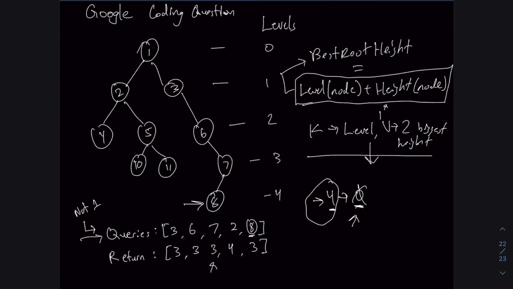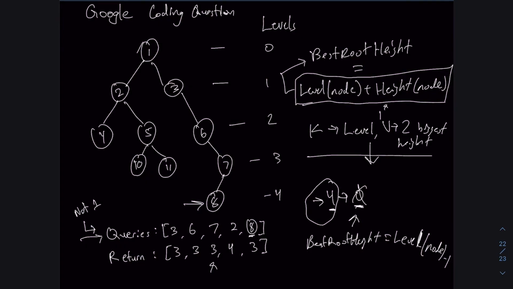So instead, our answer would just be best root height is equal to level of the node minus 1, right?